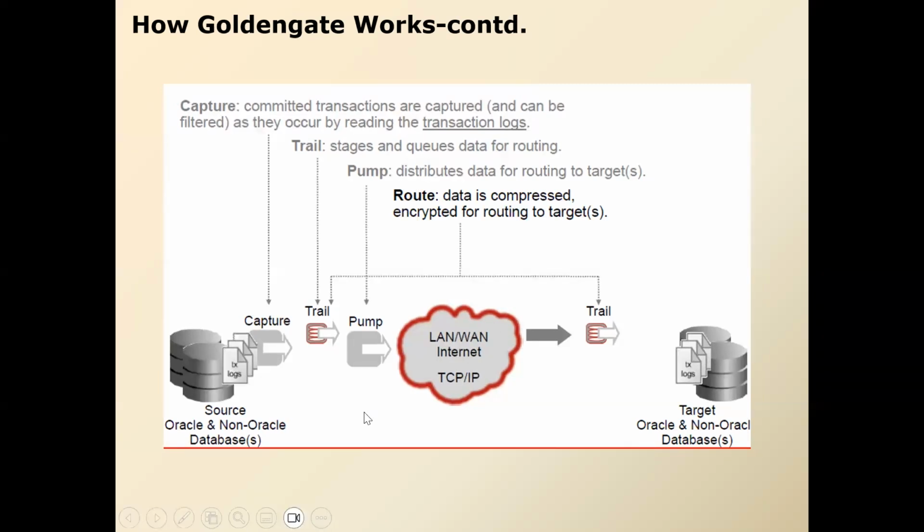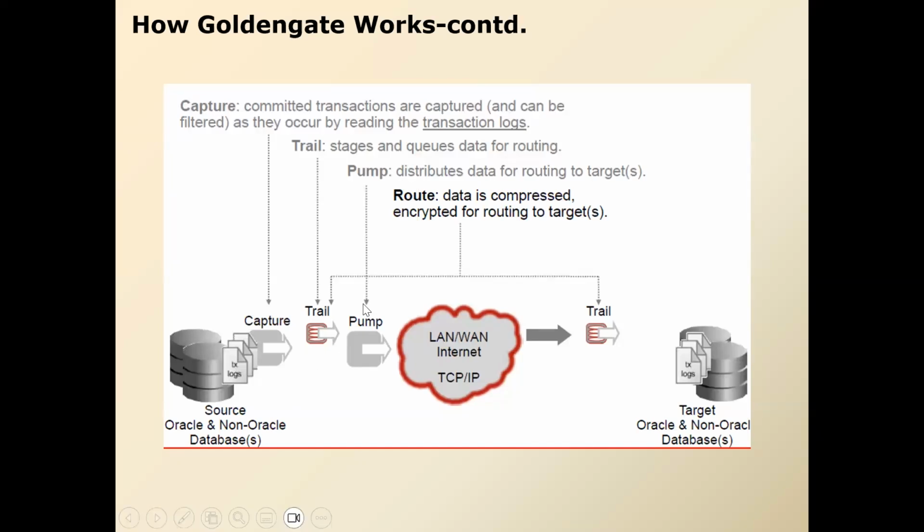Now the GoldenGate extract process captures the data and writes to the local trail. These local trail files are binary format files which reside on the operating system and consume space on the operating system. The format of these trail files is the same as your archive logs. Just like your archive log files are in binary format, these trail files which are generated are also binary format files.